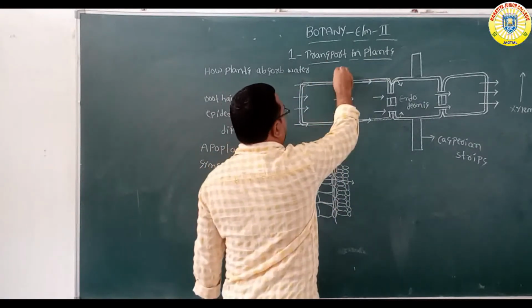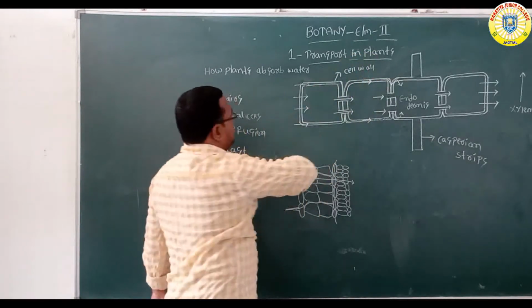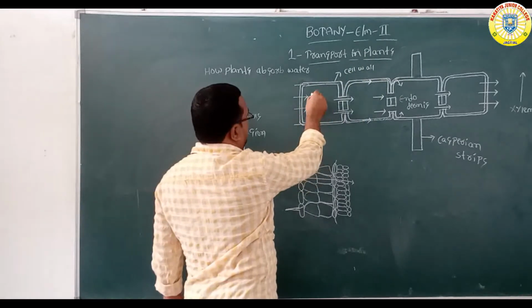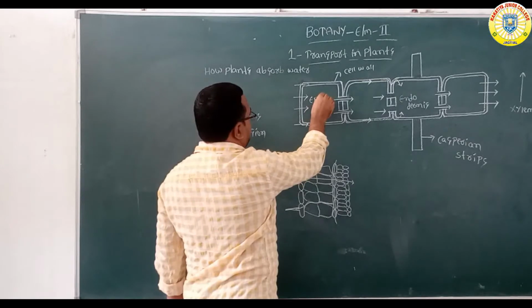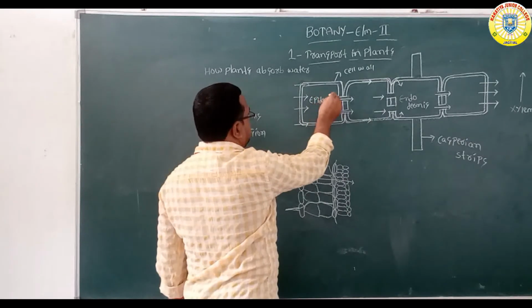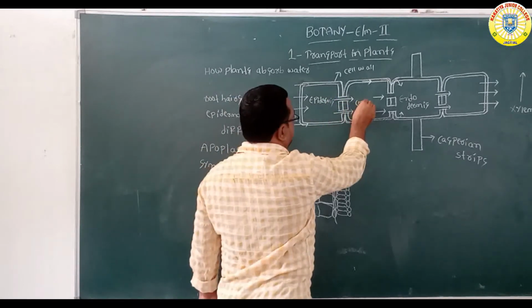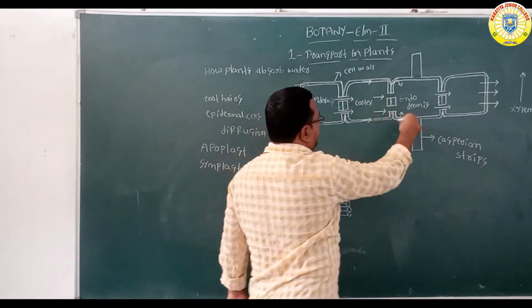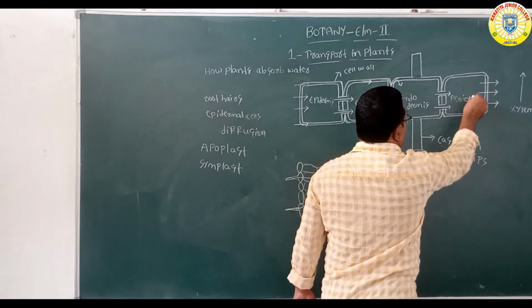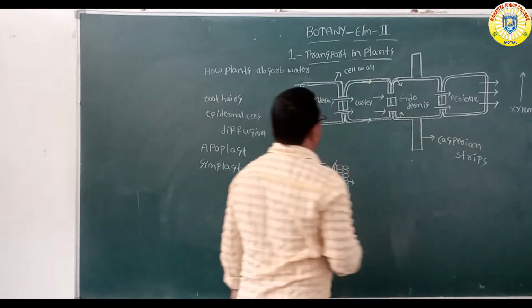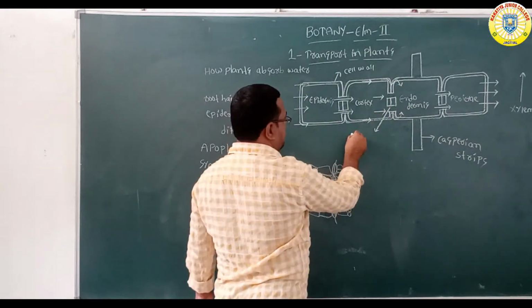This is the cell wall. This is the epidermis, cortex, endodermis, pericycle.